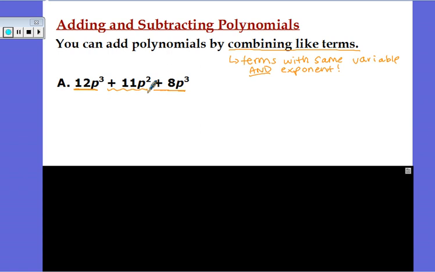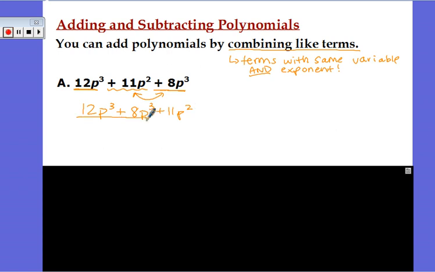So what I want to do is use the commutative property of addition. I'm going to switch the 11p squared and the 8p cubed, and rewrite it: 12p cubed plus 8p cubed plus 11p squared.